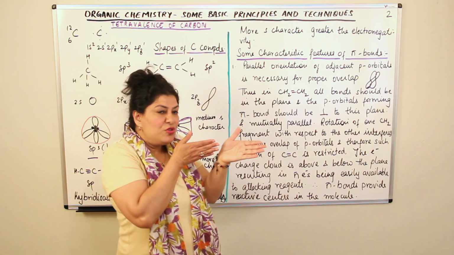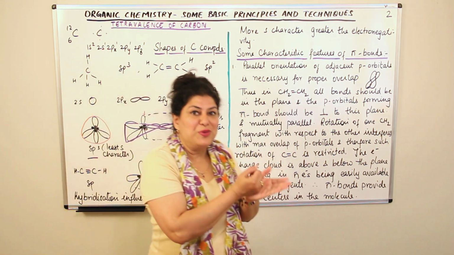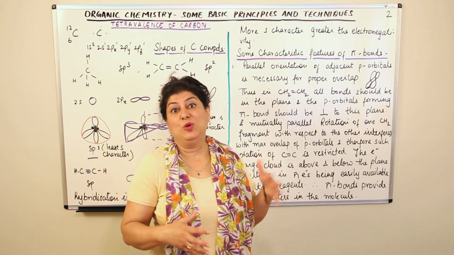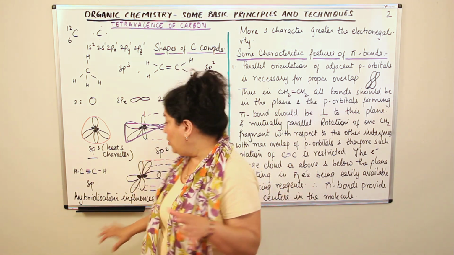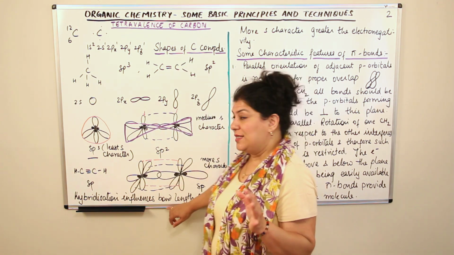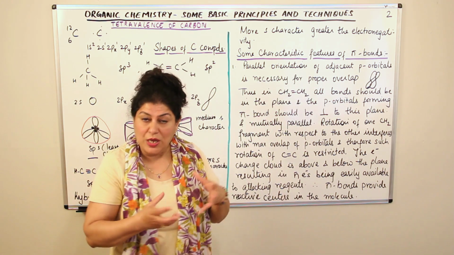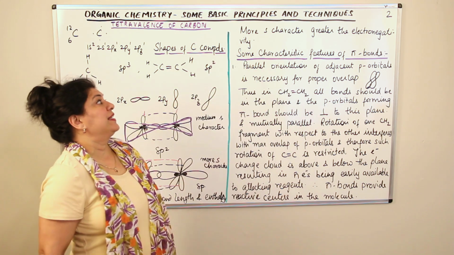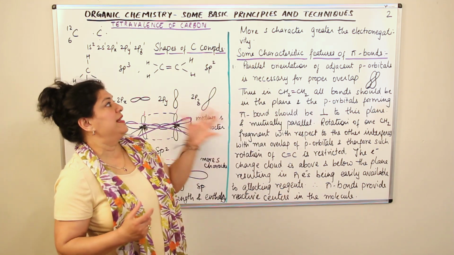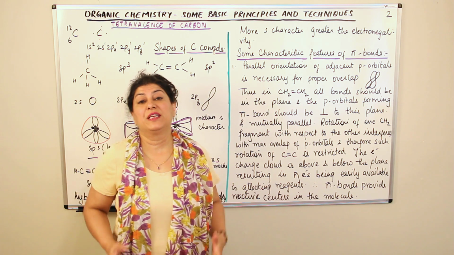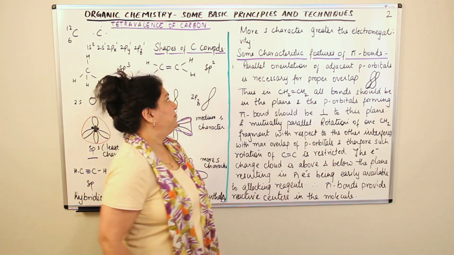Why? Because the closer the electron can come to the nucleus, the more electronegative that orbital would be. Now I'm talking of the orbitals. It influences the bond length in the molecule, it influences the enthalpy on the whole because of the bond strength, and the greater the s character, the greater would be the electronegativity of that carbon.